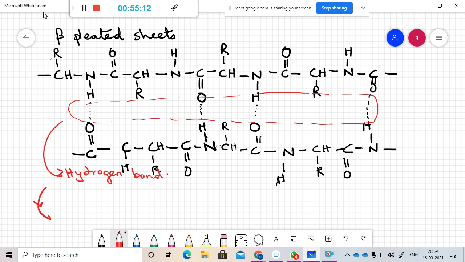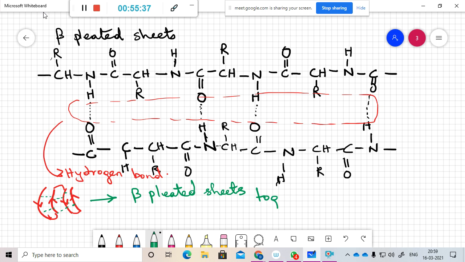It can go like this, then there is a turn, so you can see that it is the hydrogen bonds in between, say for example, which holds this beta pleated sheet together.